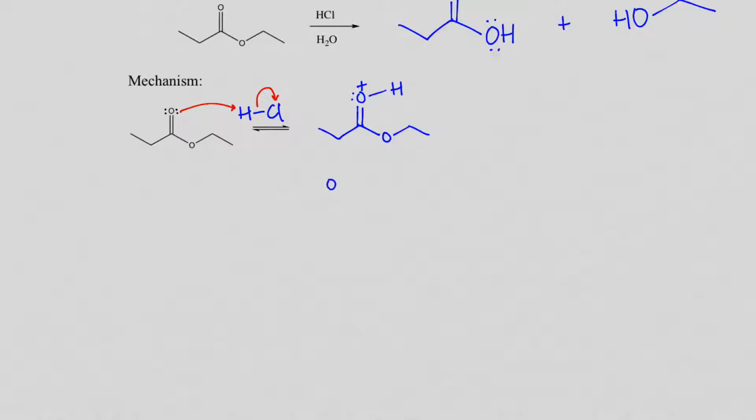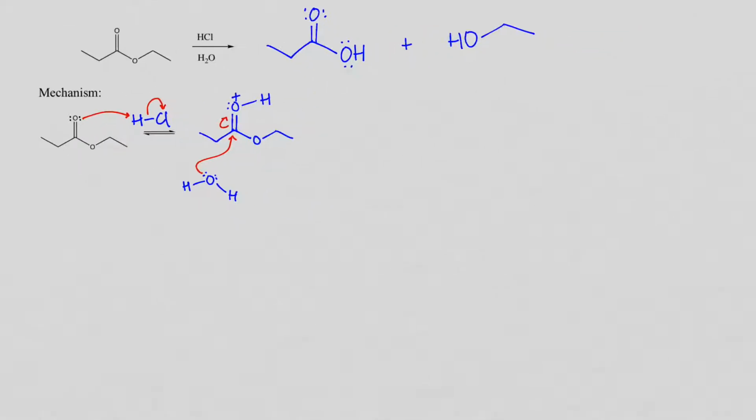And then we can actually have water come in and attack that carbonyl carbon nucleophilically. So as we work through, we now have a tetrahedral intermediate. Whoops. Let's actually make the bond connect. Cool.